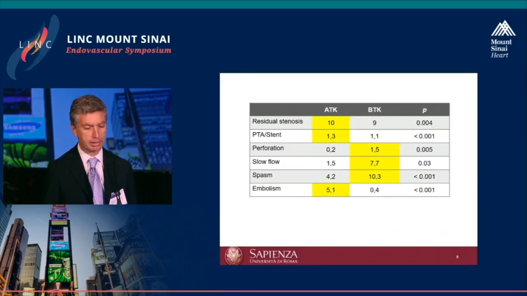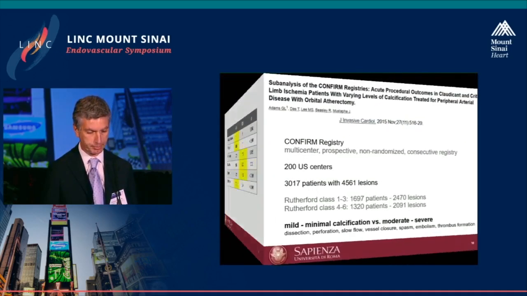And this is very interesting because you can see that below the knee, there was a higher rate of perforation, higher rate of spasm, but also a very low rate of distal embolization. So this is something completely different, because every time we're working in the popliteal region, we consider it mandatory to use a filter, but that is not the situation when we work in the BTK area.